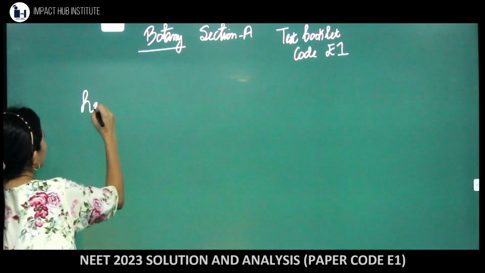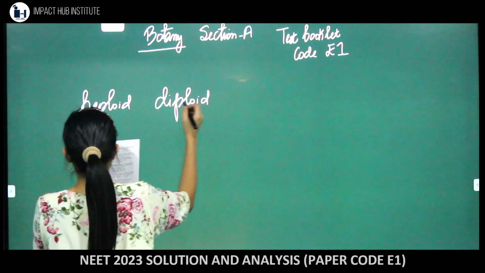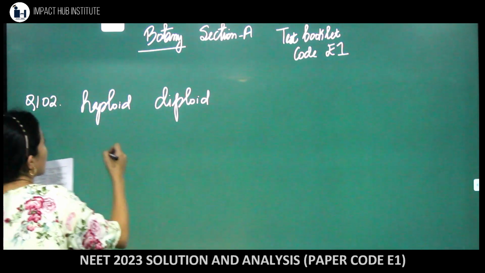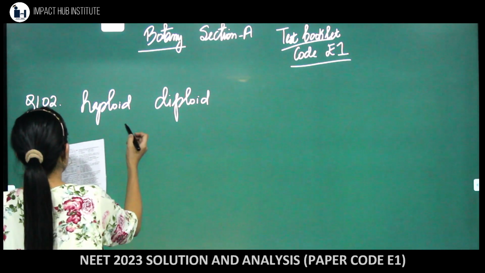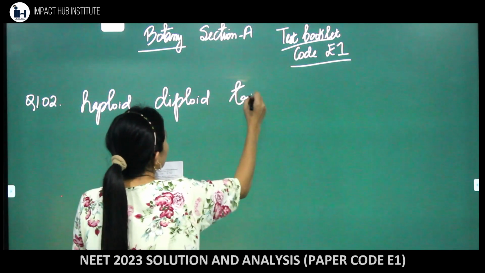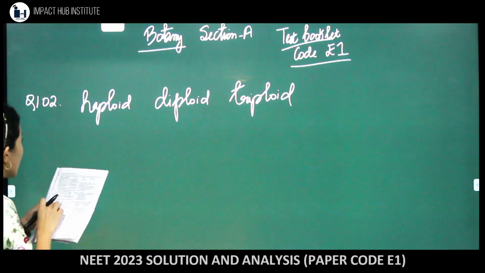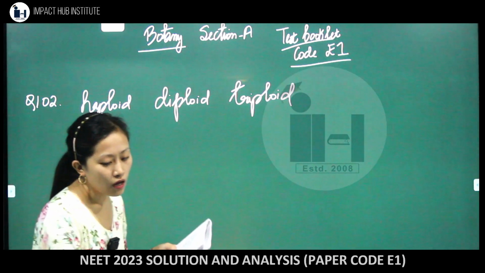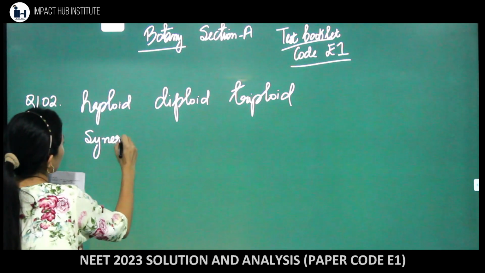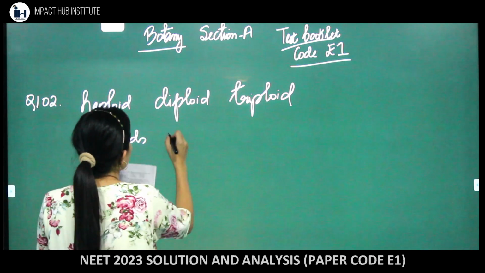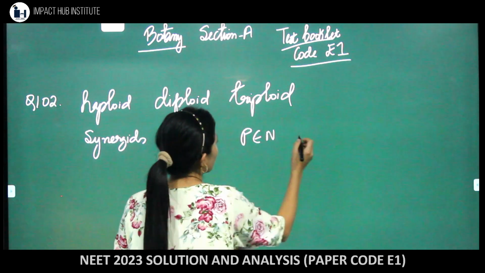So according to test booklet GOT E1, question number 102, the correct option will be option 3, that is synergids, because synergids are haploid, and the zygote will be diploid, and the triploid will be the primary endosperm nucleus.